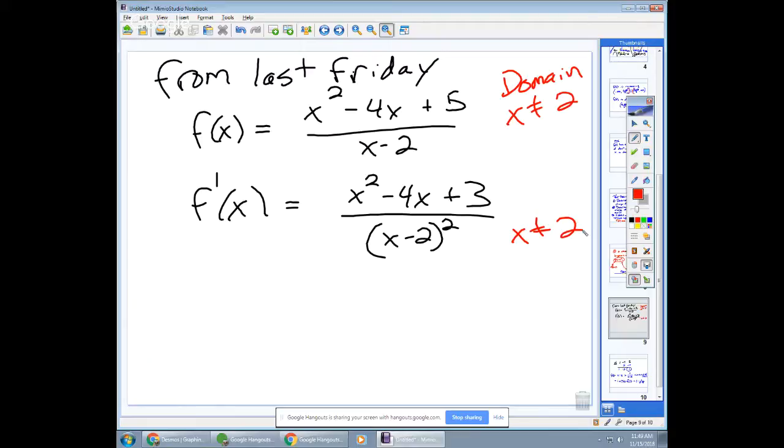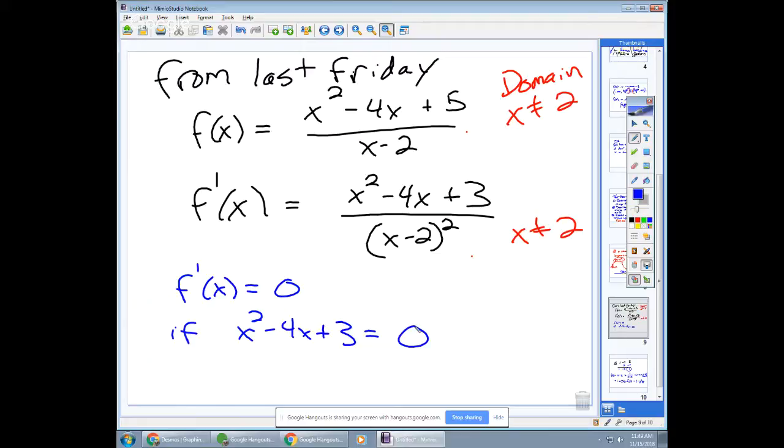It would only be a critical number if it was undefined here but defined there. With me? So then I just need to consider critical numbers here are only when the numerator equals 0. Because the only time a fraction can equal 0 is if the top is 0. So f prime of x equals 0 if the numerator, x squared minus 4x plus 3, equals 0.